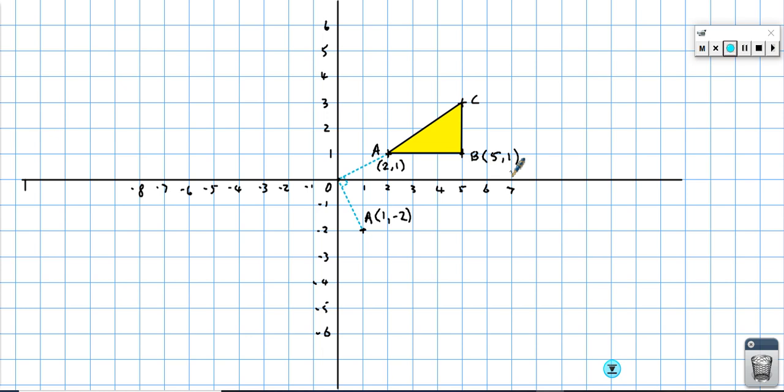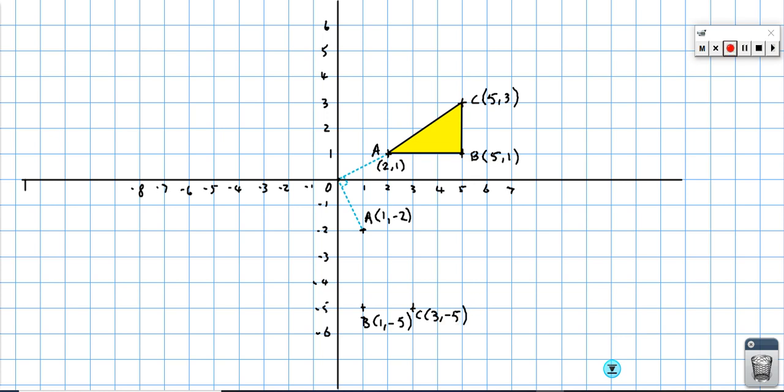Let's check 1, -5. 1, -5 is here, so that should be our B. Let's see also what's going to happen to C. C is 5, 3. Rotating C by 90 degrees, the coordinates are going to be swapped, 3, 5. But the y-coordinate is going to be negative, so it's going to be 3, -5. Let's see 3, -5. Yes, it seems to be correct.